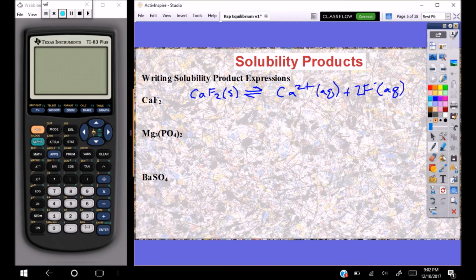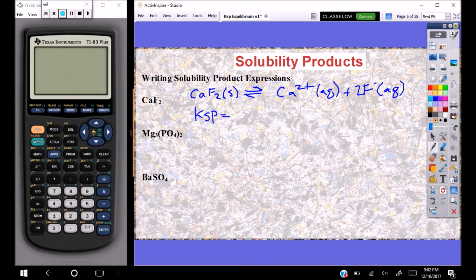Okay, so if we consider how we would normally write an equilibrium expression, it would be written with only the gases or aqueous components of the reaction. We don't ever write the solids in there, and we don't ever write pure substances. So the nice thing is CaF2 would not be in our Ksp expression.